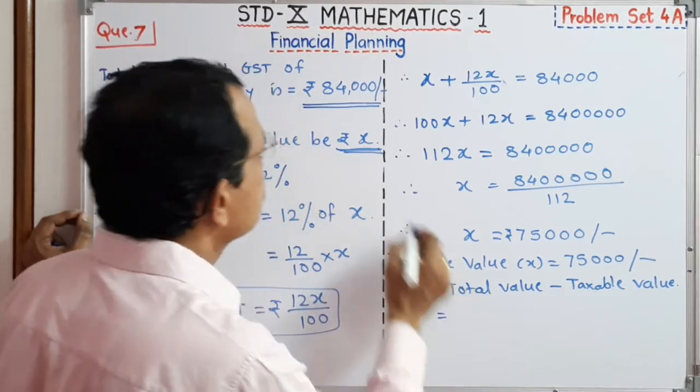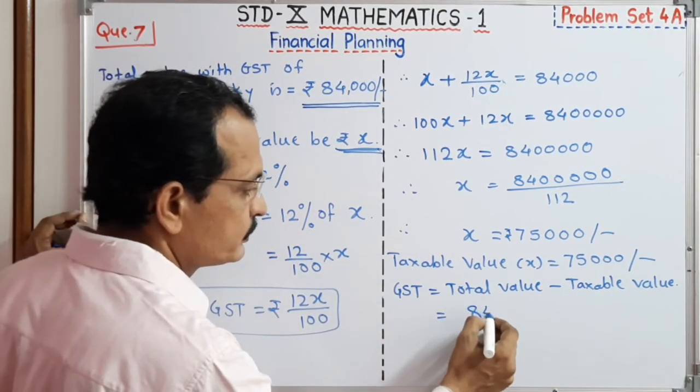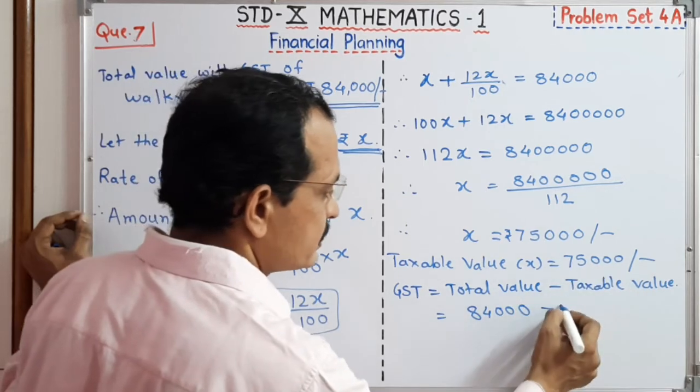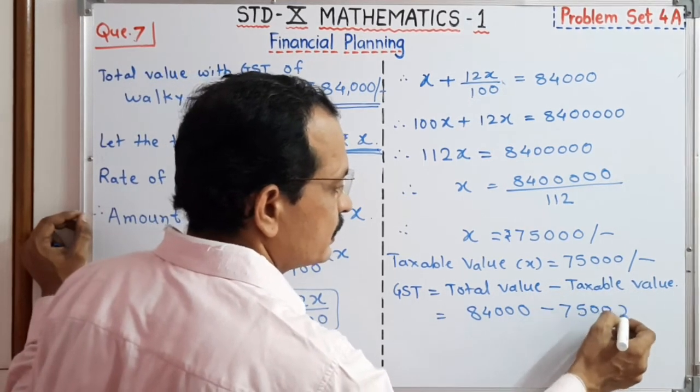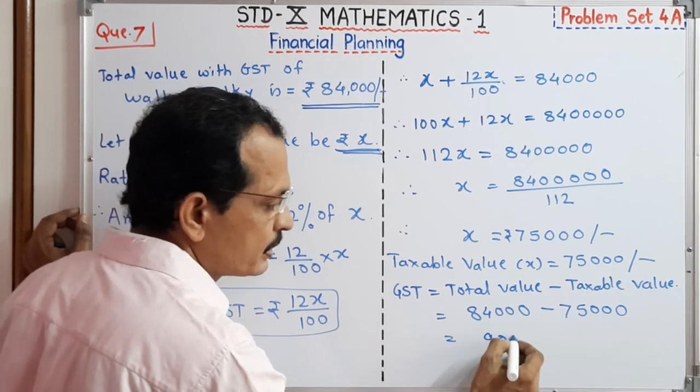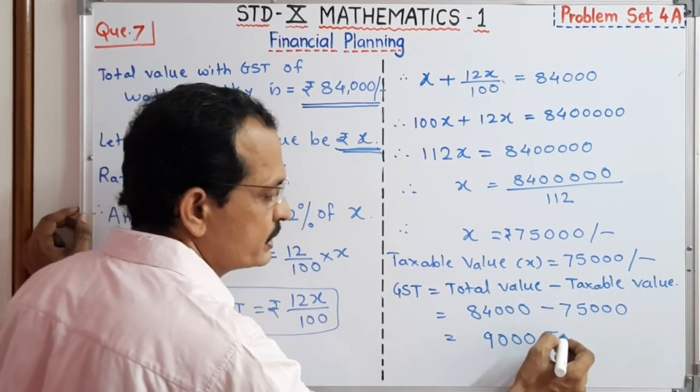Total value is 84,000 minus this 75,000, and dear student, it is 9,000 rupees.